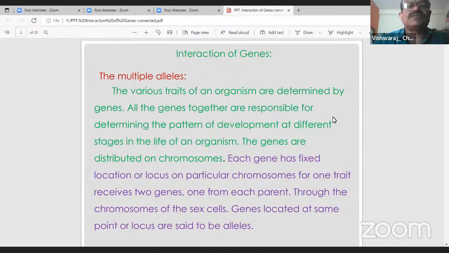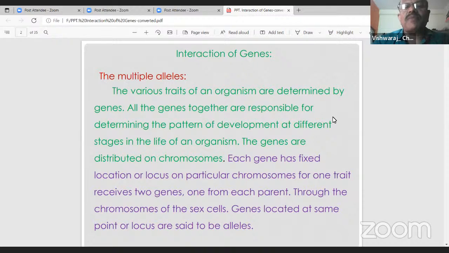Interaction of genes. In the first period, we have seen Mendel's law, Mendel's works, Mendel's biography, and interaction of genes, the multiple alleles, various traits or characters.